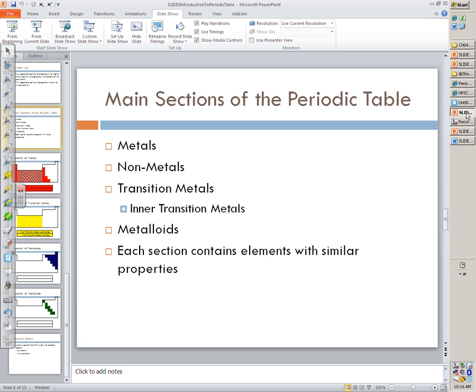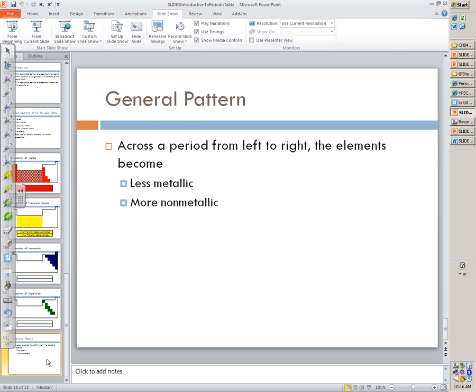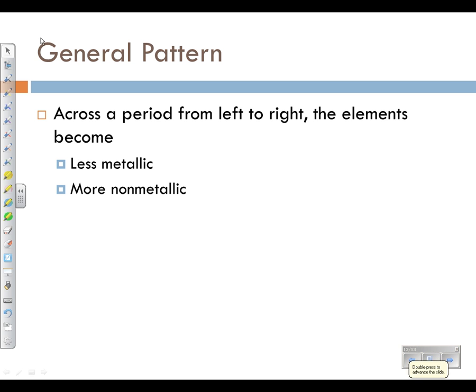And we can summarize that. Across a period from left to right, elements become less metallic and more non-metallic. Metal elements on the left, non-metallic elements on the right.